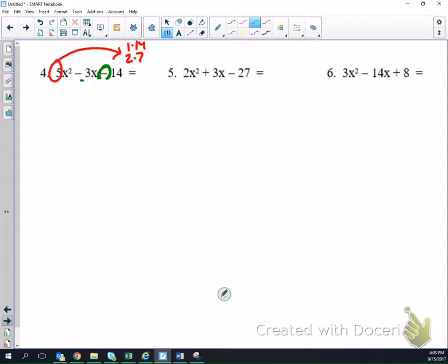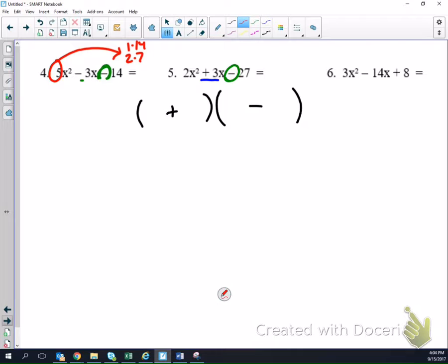All right, now we got a minus, so instantly I already know in my 2 parentheses, 1 is plus, 1 is minus. This time we had a positive 3x, so my bigger number has to be a positive.